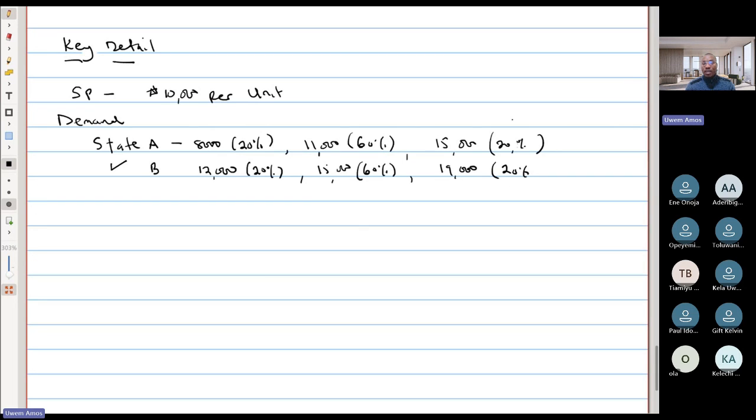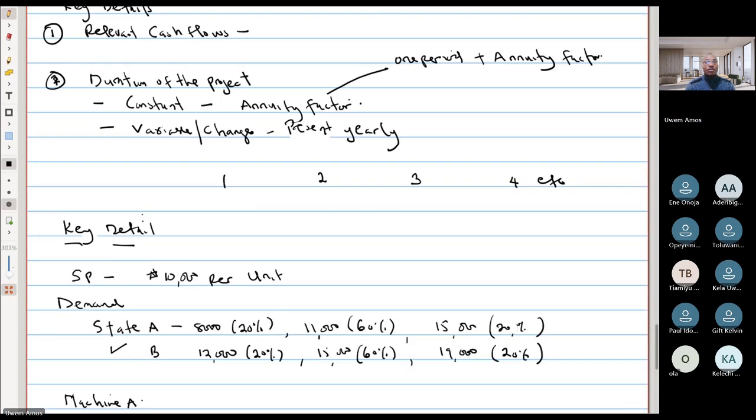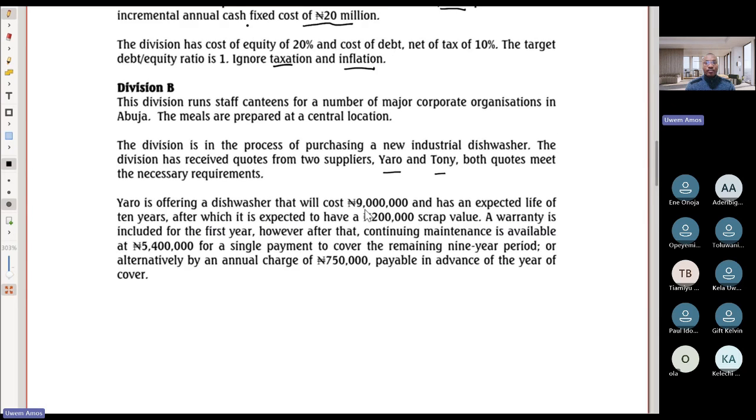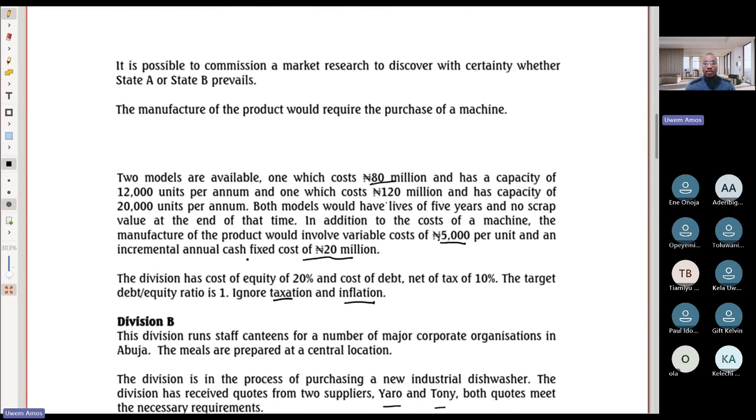However, for us to be able to even produce and sell, we need to buy a machine. And that's one of the decisions the company is making. Do we buy machine A or do we buy machine B? So let's quickly note the details of these machines. So machine A, the question tells us that machine A costs 80 million and has a capacity of 12,000 units.